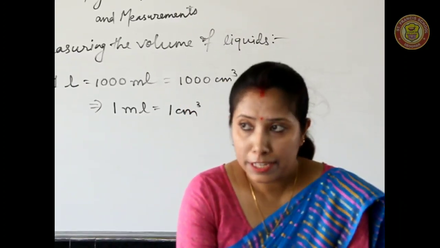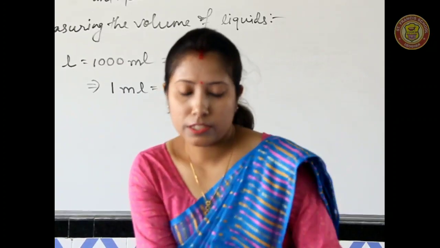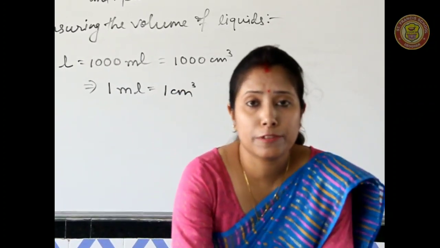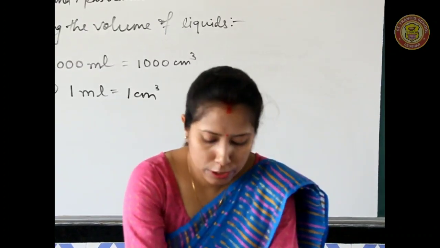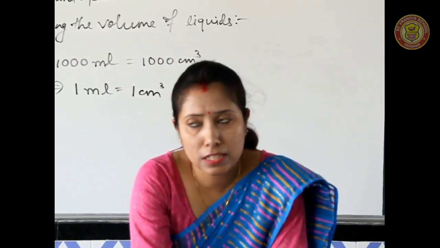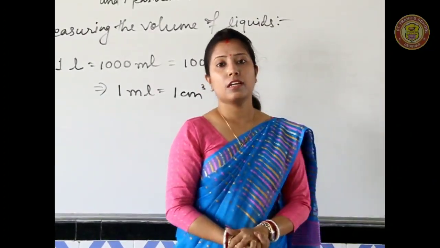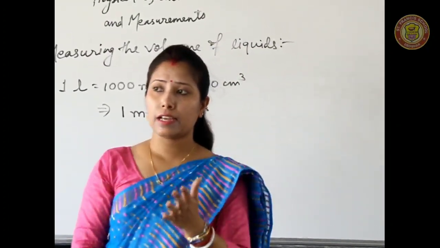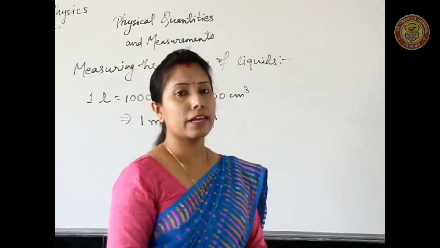Next, the volume of liquids is usually measured with different measuring cans, which are of different shapes and sizes. You all have seen these measuring cans, and they are used to find the volume of that particular liquid.